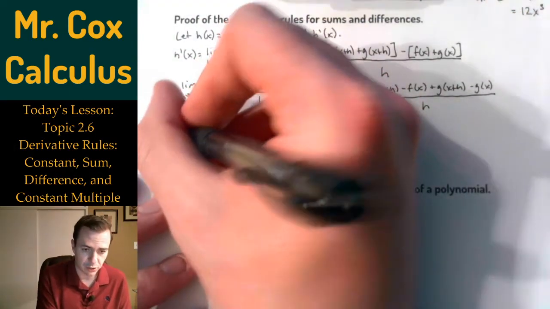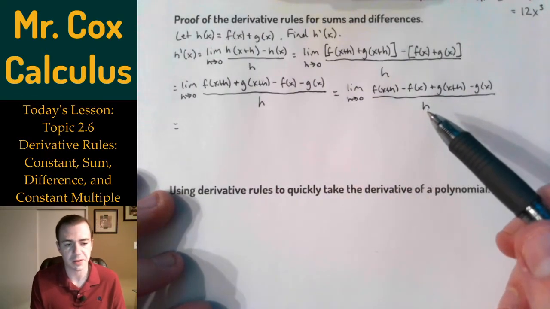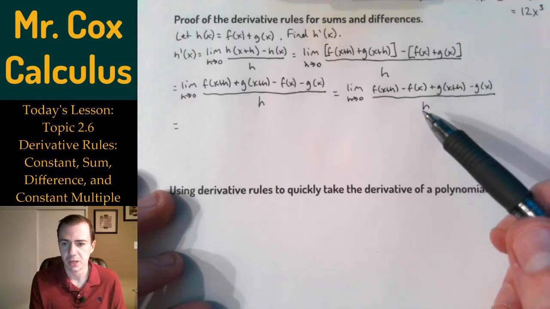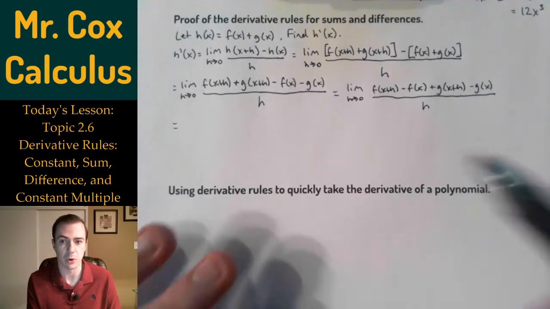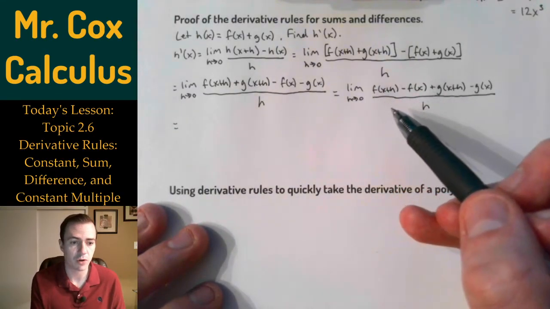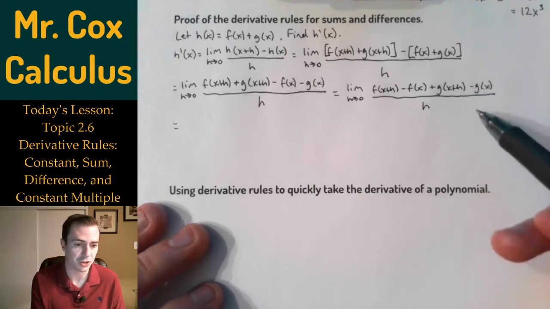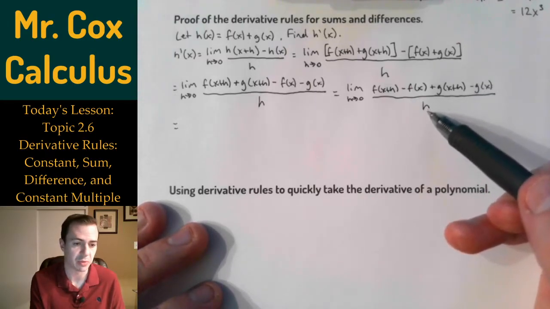Anytime we have a single term in the denominator, a monomial, I can split the fraction up into its individual components. So I can take the part with f and put it over h, and add the part with g over h. I can do that because there's a single term in the denominator.